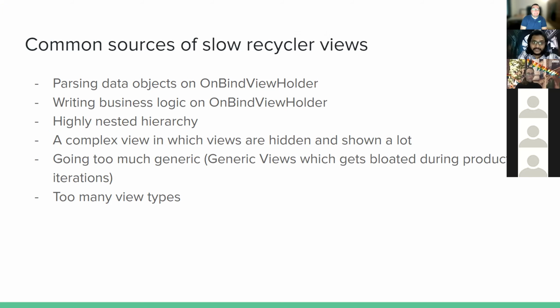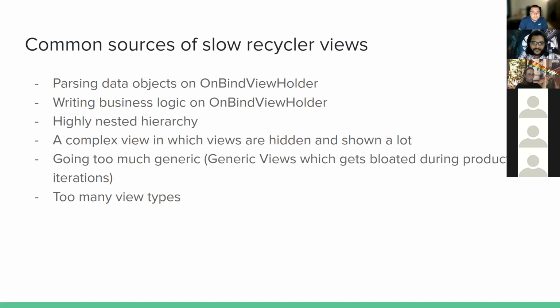The same goes for writing business logic inside on-bind view holder. Even things like showing and hiding views or changing colors can be avoided inside recycler view as much as possible. And then having a very nested hierarchy for the recycler view holders can be another source of jank, because the more complex the view, the more time it's going to take the Android system to inflate the view.